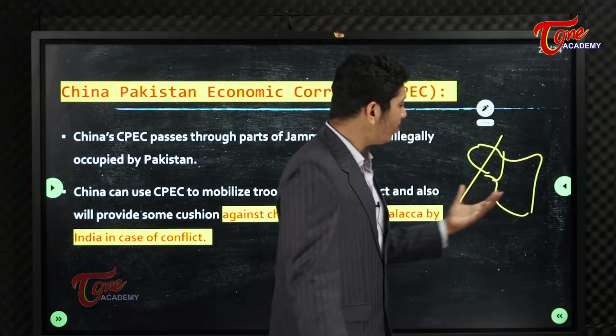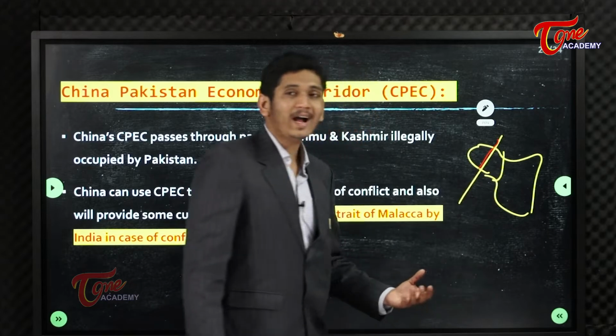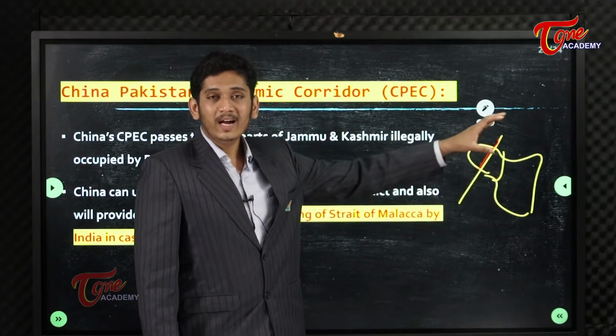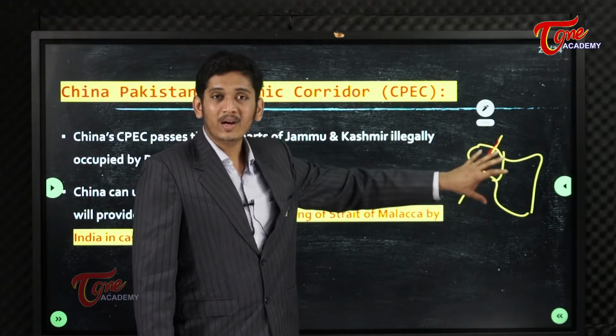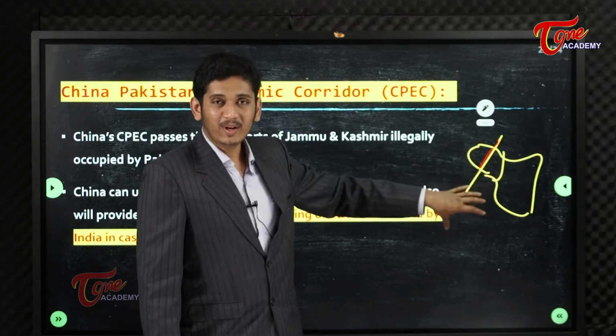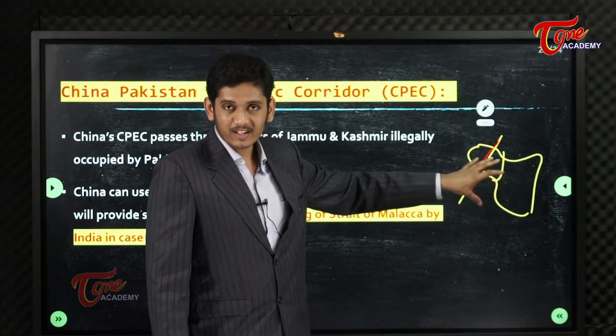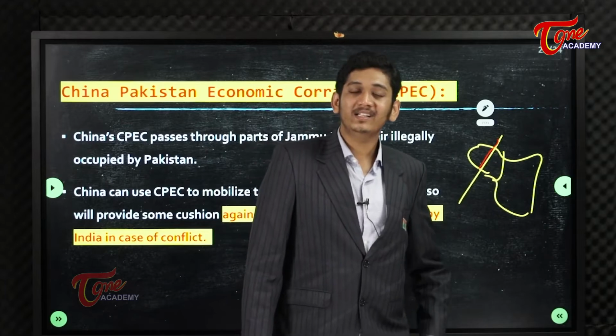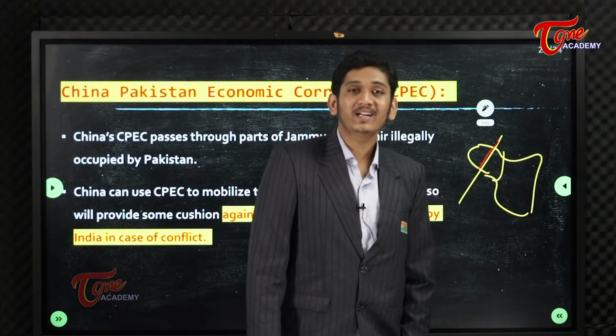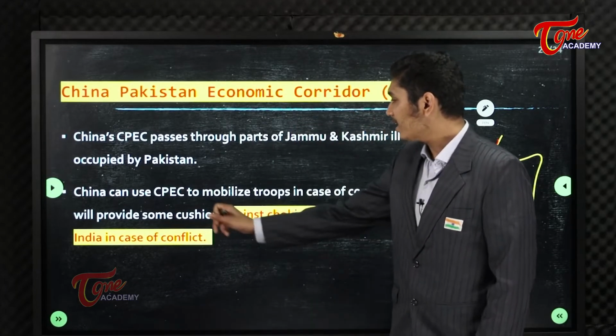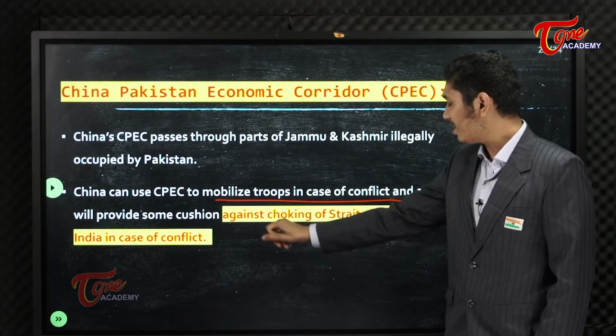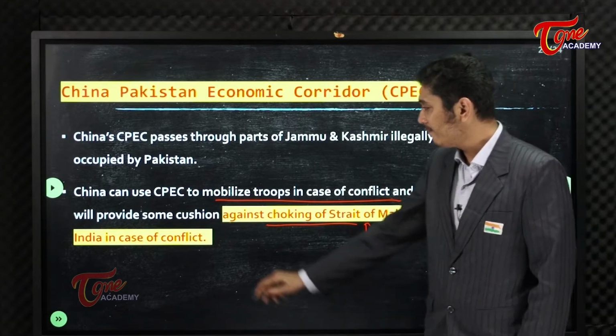By constructing a road here, my friends, China has the advantage that during war it can deploy its army and all its arsenal and weaponry because of this infrastructure, and can easily enter the Jammu and Kashmir region and capture it.